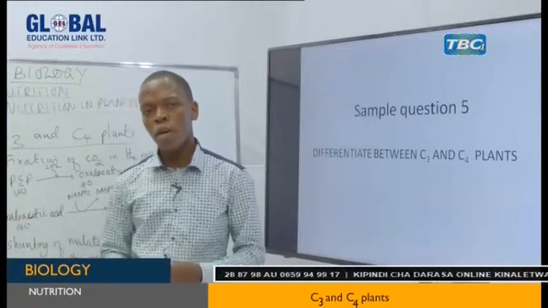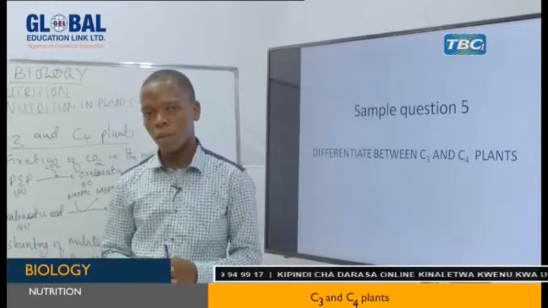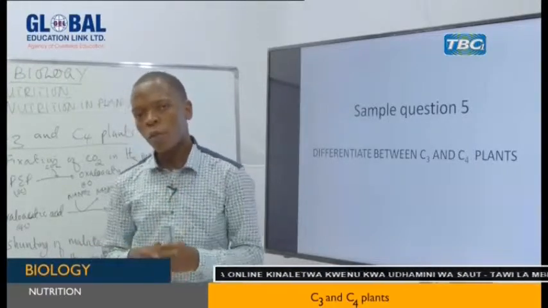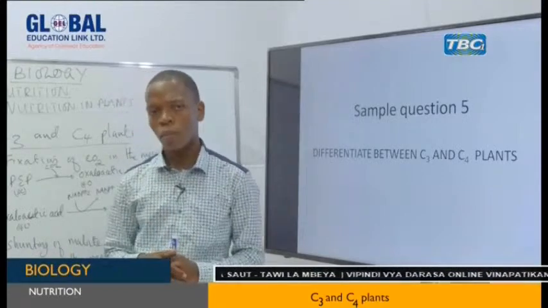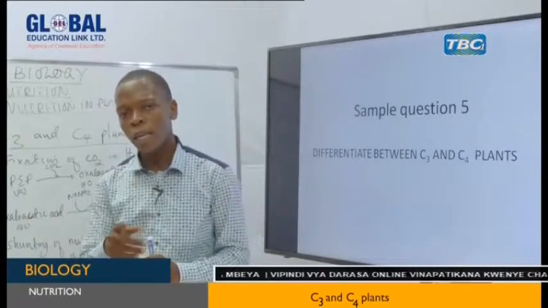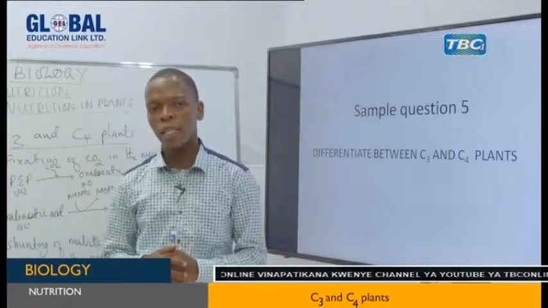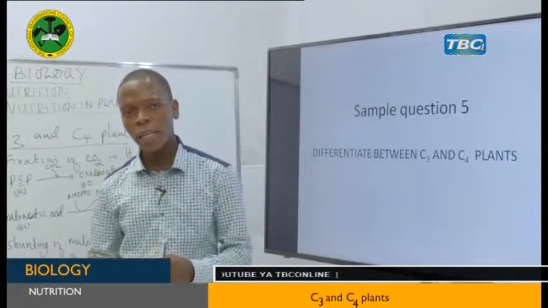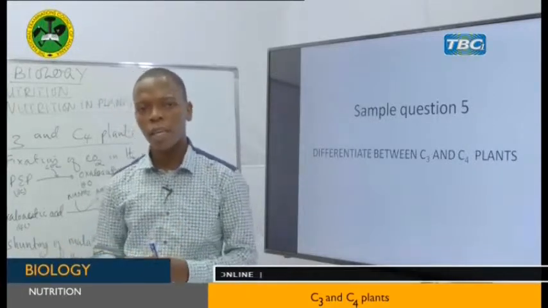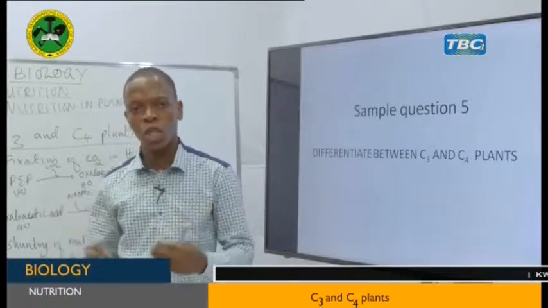You may also use the enzyme involved as another criterion. For C3 plants, there is only RuBP carboxylase, or Rubisco. But for C4 plants, there is PEP carboxylase in mesophyll cells and RuBP carboxylase in the bundle sheath cells. Again, you may use a representative species as another criterion.